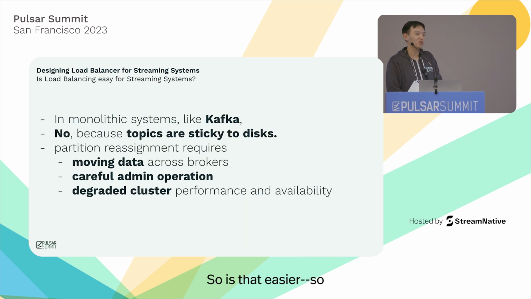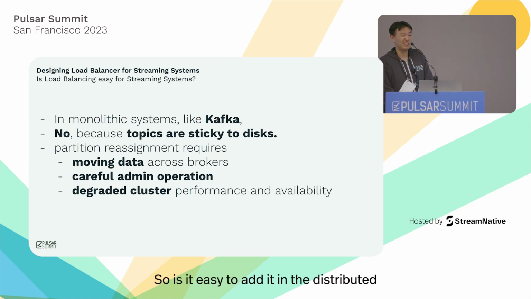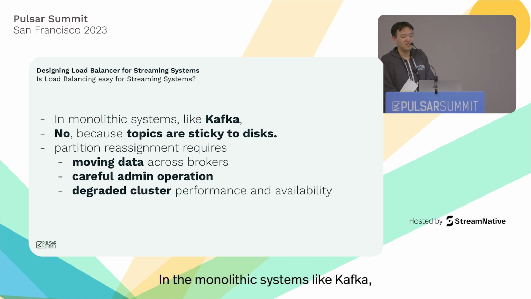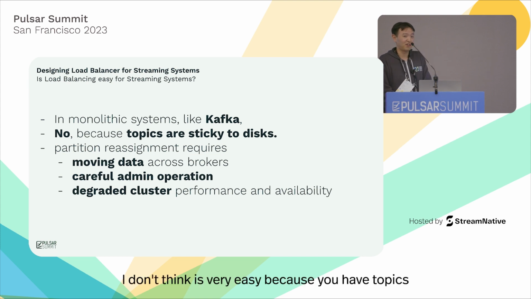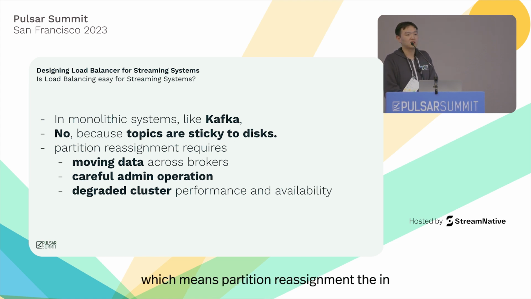So is that easy? We understand that load balancing is important in streaming and messaging systems. Is it easy to add to a distributed messaging or streaming system? In monolithic systems like Kafka, I don't think it's very easy, because topics are sticky to the disks and to the brokers, which means partition reassignment.